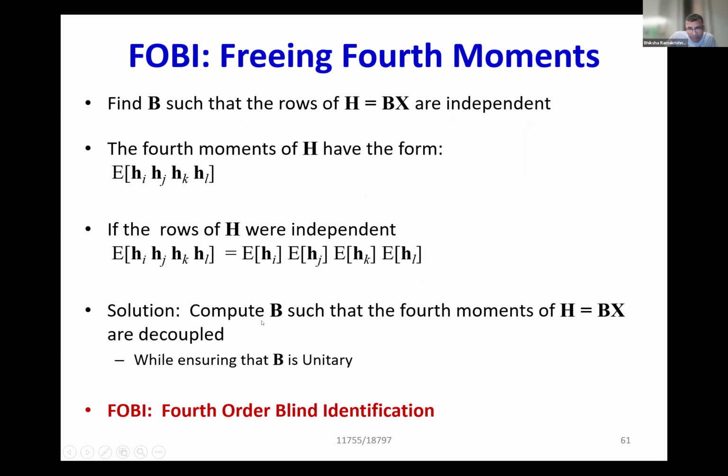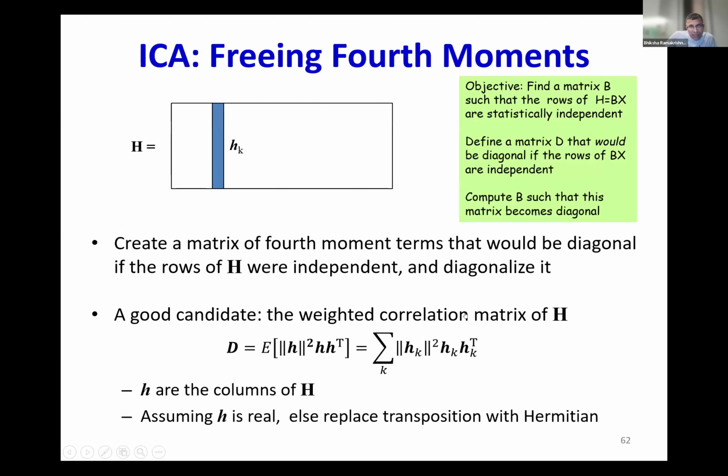So I want to find a matrix B such that if I multiply my whitened data X with B, then the rows of H are going to have this property. This is called the 4th order blind identification, or 4B algorithm. And so here's how it's going to work. I'm going to create a matrix of 4th moment terms that I can diagonalize.